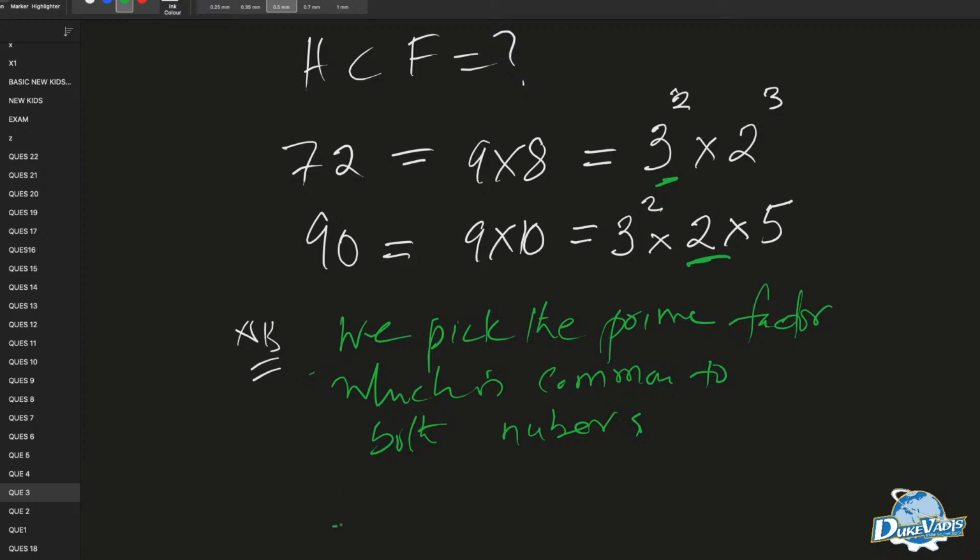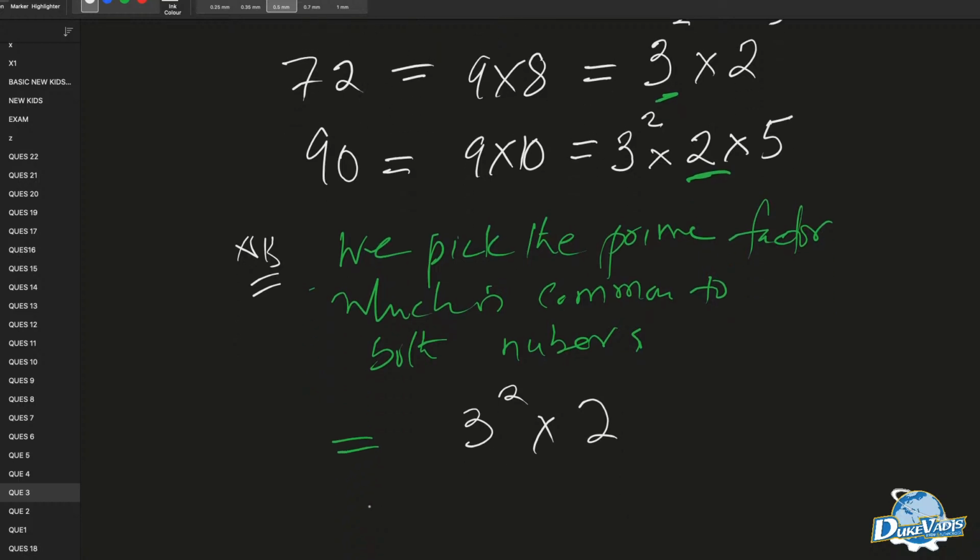So the answer will be 3 raised to the power 2 times 2. 3 squared gives us 9, and 9 times 2 gives us 18. And this is the answer for question number 3.